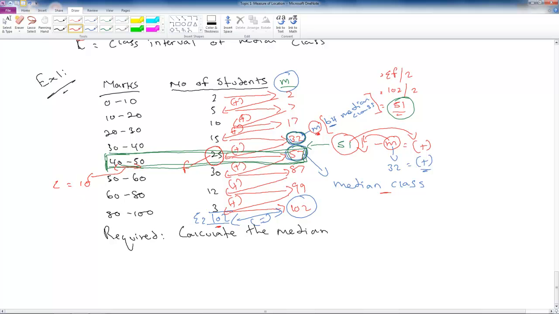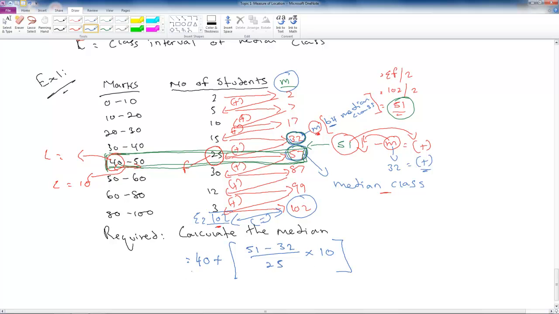It is 10, and of course our lower limit will be 40. So now we already have all the values. Now we can work out the answer, which is 40 plus 51 minus 32, divided by 25, times 10.